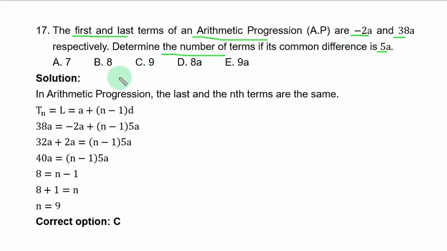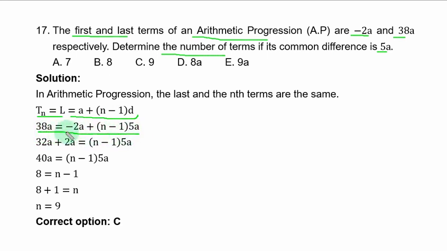In arithmetic progression, the last and the nth terms are the same. So the nth term t sub n equal to L, the last term, equal to a, first term, plus bracket open n, number of terms, minus 1 bracket close times d, common difference.